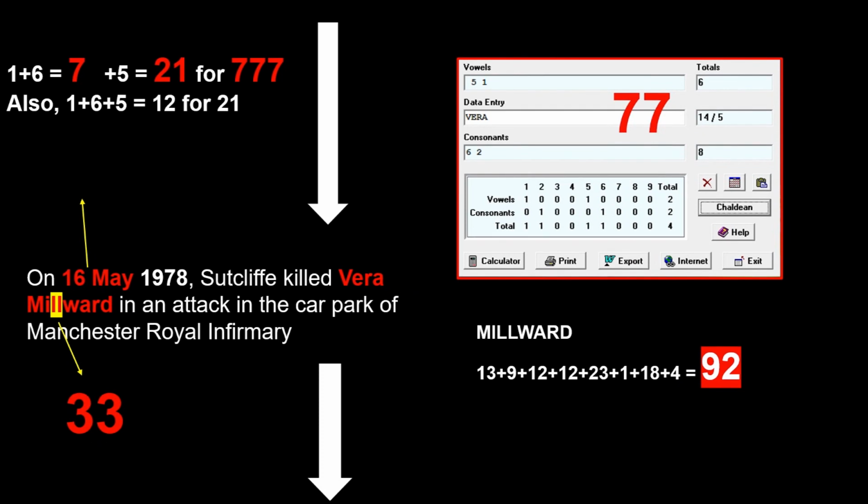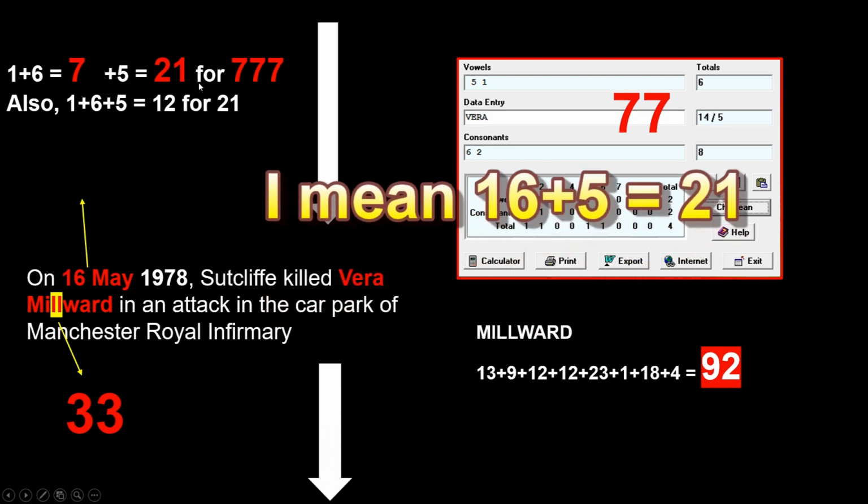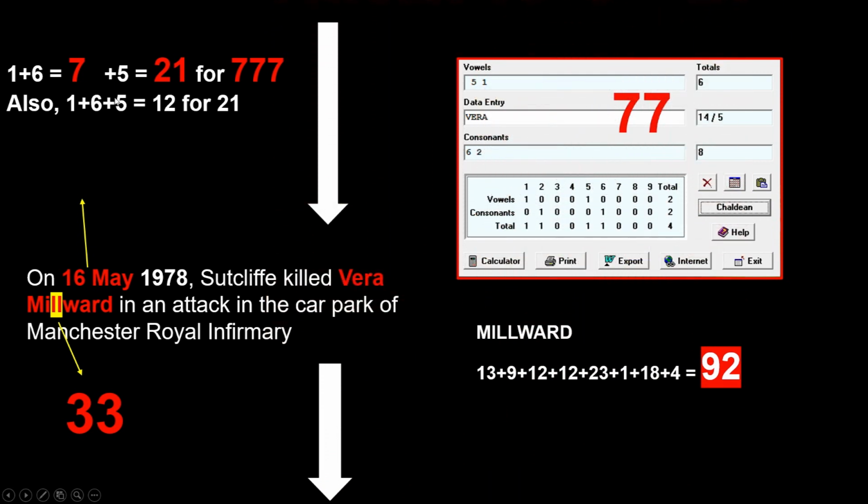So we still go on, guys. I'm sorry about this. But on the 16th of May, 1975, Sutcliffe killed Vera Millward. So we've got our two L's there for our 33. And 1 plus 6 here for 16 is a 7. If we add the 5, it gives us 21 for 777.